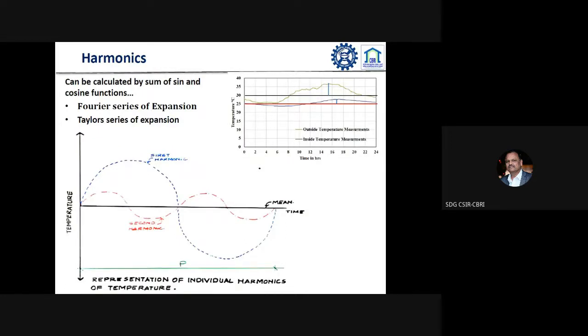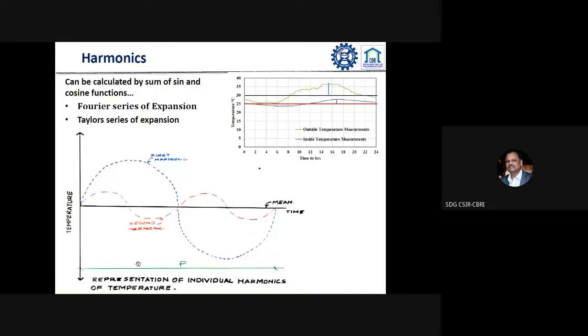If you want to find the particular behavior of this temperature, then we have to go with a sum of sine or cosine functions, and these functions are solved with a Fourier series or Taylor series expansion. If we want to match this harmonic motion of the temperature profile, we have to go with the first harmonic, then the second, and after some iterations we can match this line.